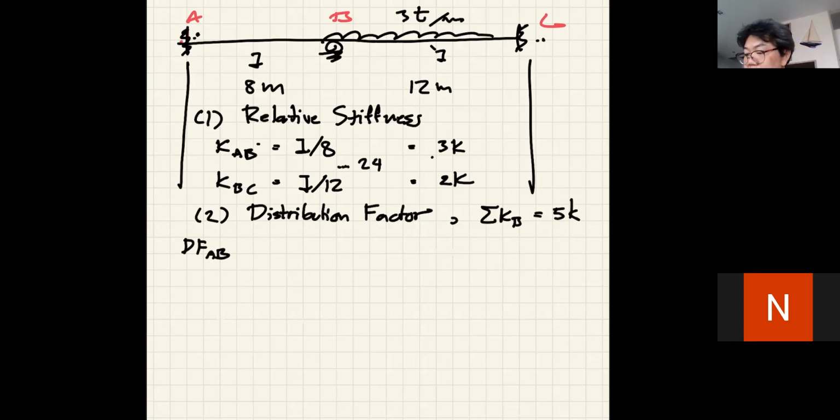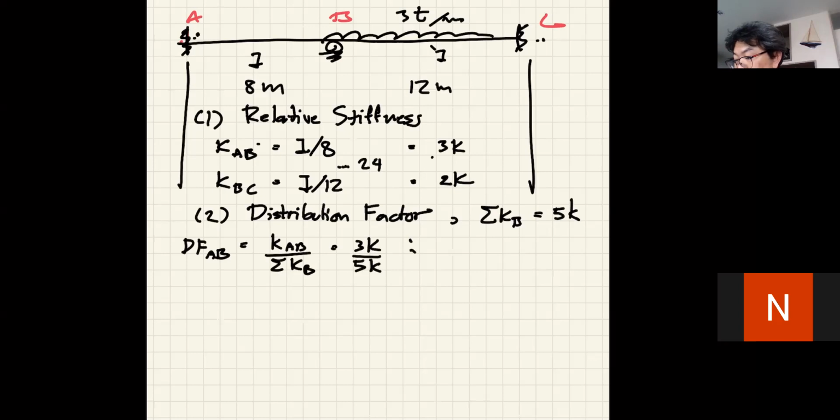The distribution factor of member AB, which is KAB over sigma KB, is simply 3K over 5K.